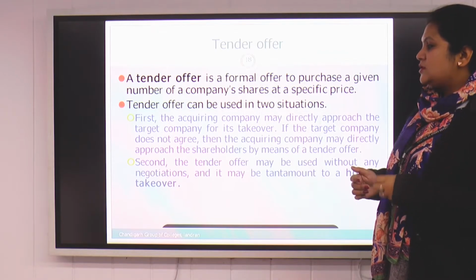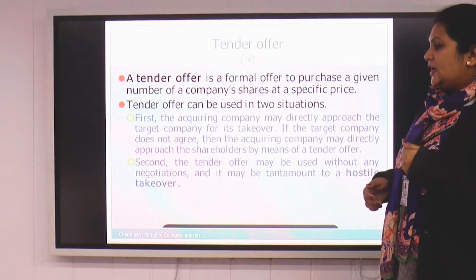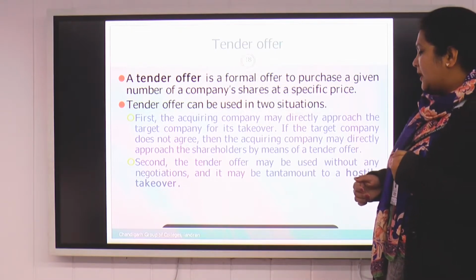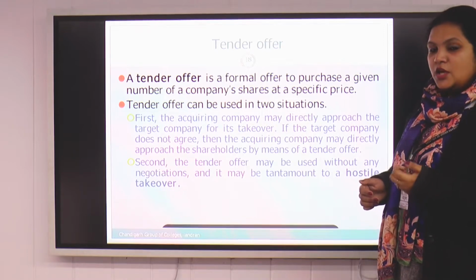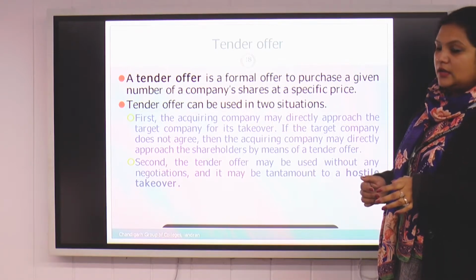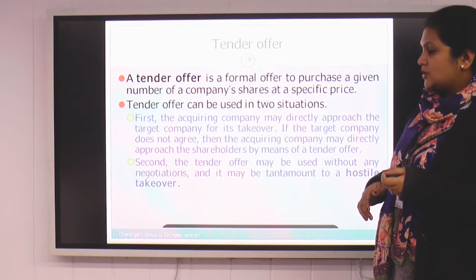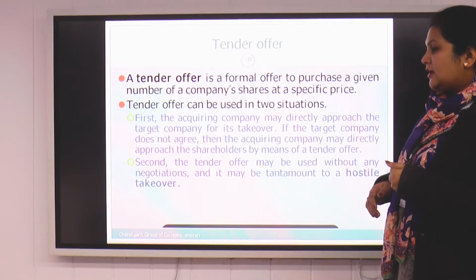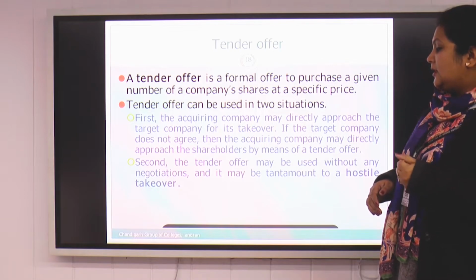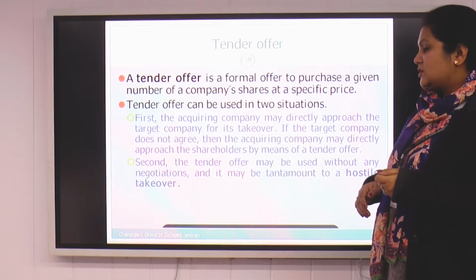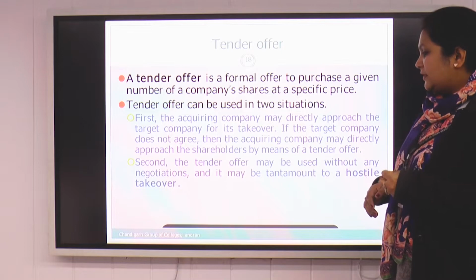Tender offer can be used in two situations. Firstly, it could be when your acquiring company directly approaches the target company. The company that wants to acquire approaches its target company for takeover. If the target company does not agree, then the acquiring company may directly approach the shareholders by means of a tender offer.